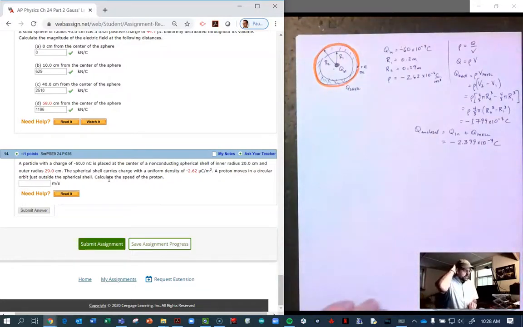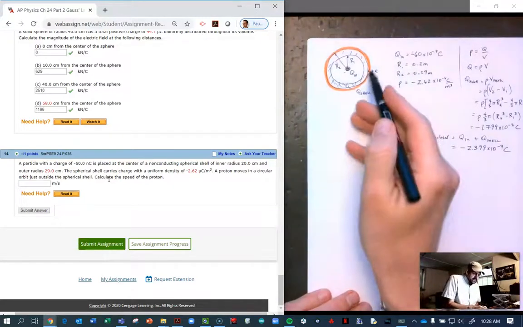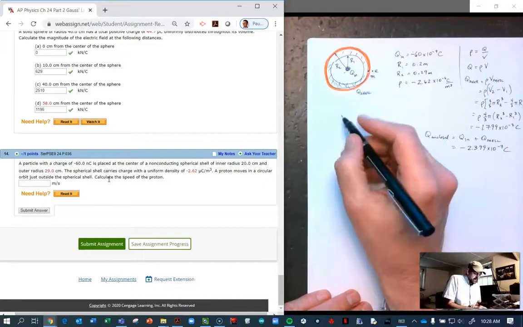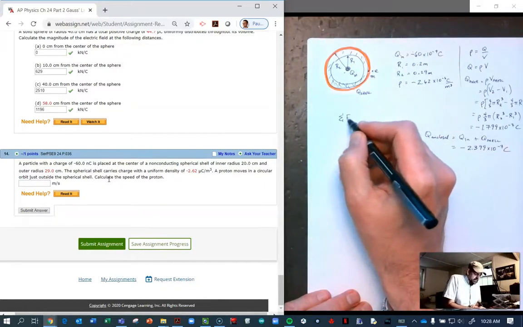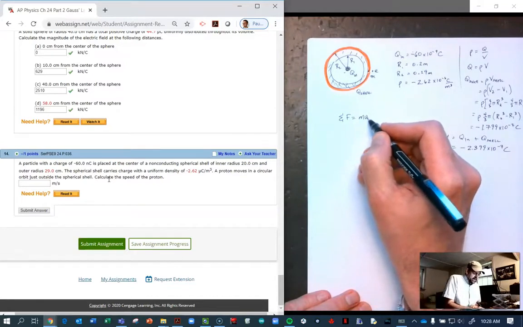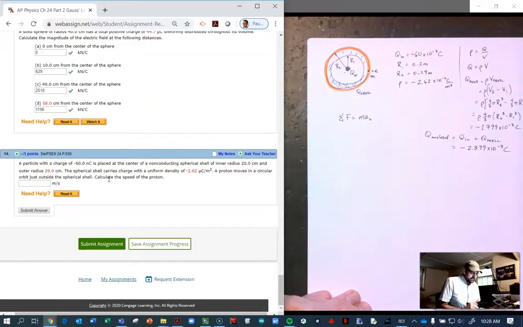Alright, so what are we going to do with that? If we look at the physics of why the proton is actually orbiting, it's a centripetal force problem. So the sum of the forces acting on that proton is equal to ma, and because it's centripetal acceleration, it's mac.